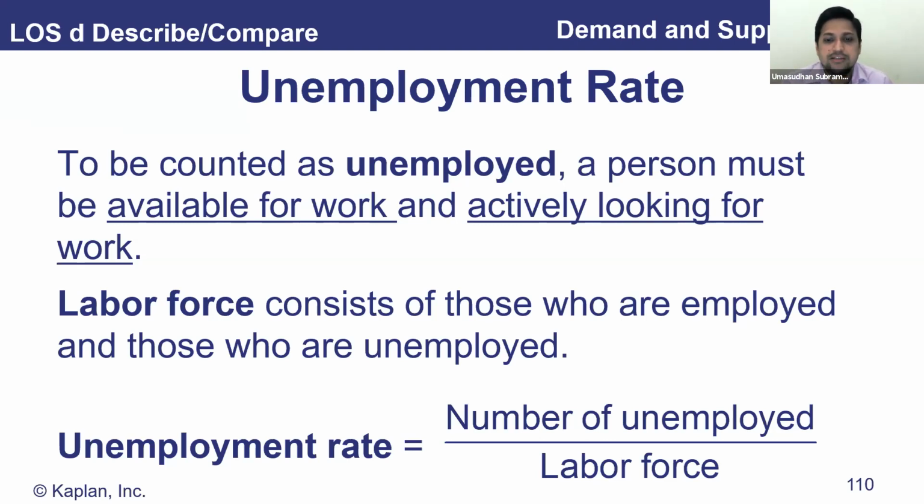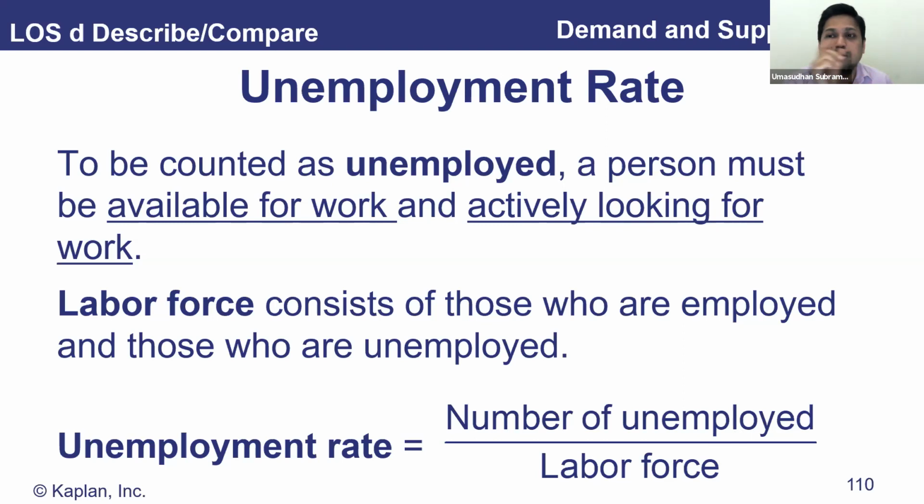Labor force consists of those who are employed and those who are unemployed. So this is what labor force is: employed plus unemployed. The unemployment rate is the number of unemployed divided by the labor force. So don't think number of unemployed divided by population. No, you don't look at population. Population includes people who are less than 18, people who are more than 60, 65, so that's not relevant.